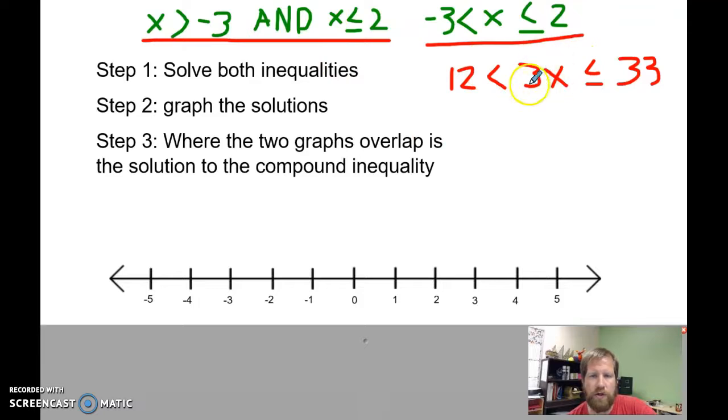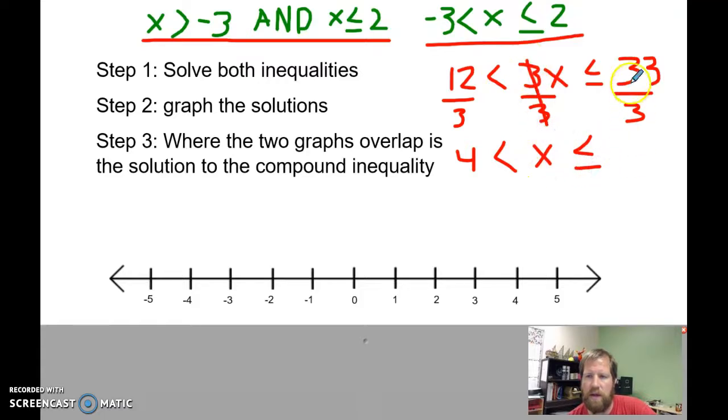So we're going to try and isolate the variable, same as always. I divide by 3, but I've got two signs now, so I need to divide both other sides by 3. 12 divided by 3 is 4. It's not a negative number, so I keep my signs the same. These cancel, so I have x. And then I have 33 divided by 3, which is 11. And I could graph that, although my number line is not quite big enough.